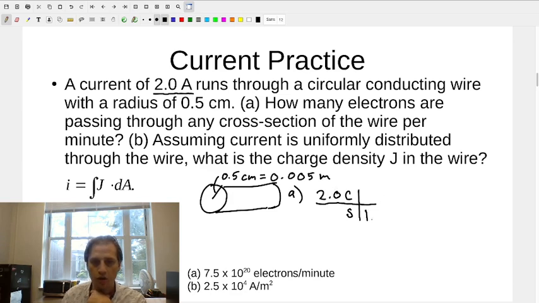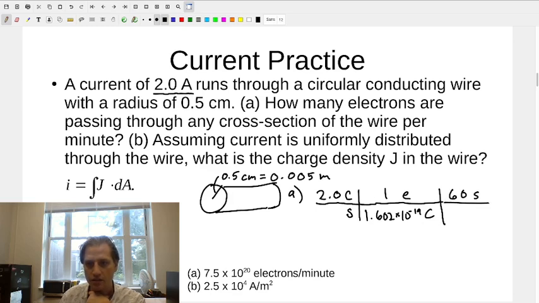So this would be 1.602 times 10 to the minus 19th coulombs is 1 electron charge. And then for seconds to minutes, we could go ahead and say that 60 seconds is 1 minute. Okay, so this would then, we could cancel out coulombs, cancel out seconds, and this would give us something in terms of electron charges per minute. Okay, so that would be your 7.5 times 10 to the 20th electrons per minute.